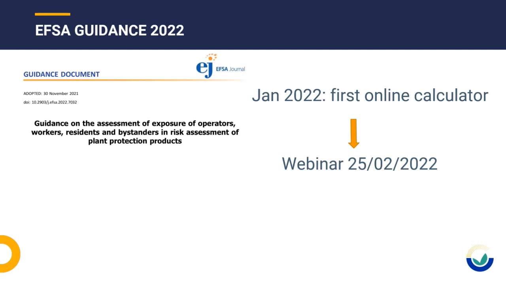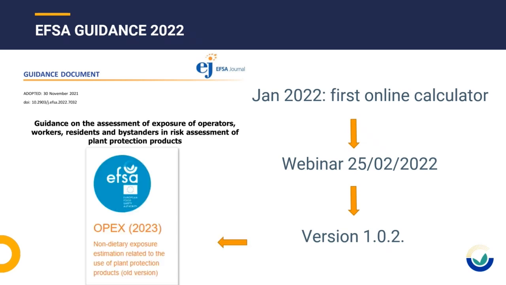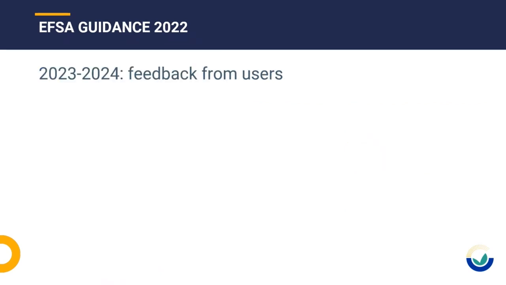Following the webinar, feedback and comments were taken into account, and some corrections of calculations were brought in an updated version of the calculator in 2023. During 2023 and 2024, additional feedback was sent to EFSA and received from users, reporting some last mistakes or bugs, but highlighting also some limitations of the online tool.